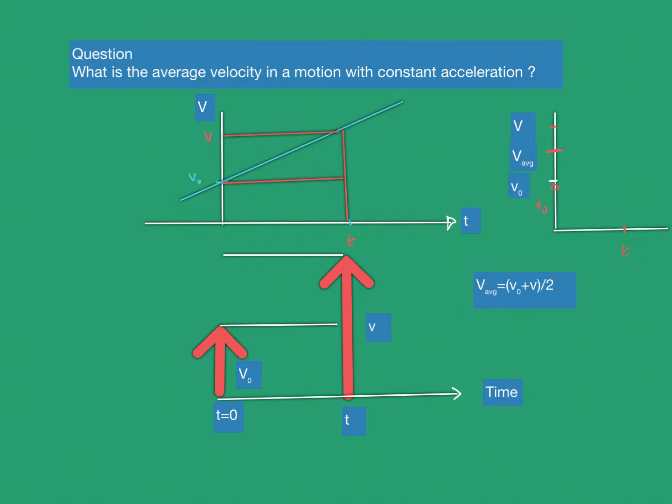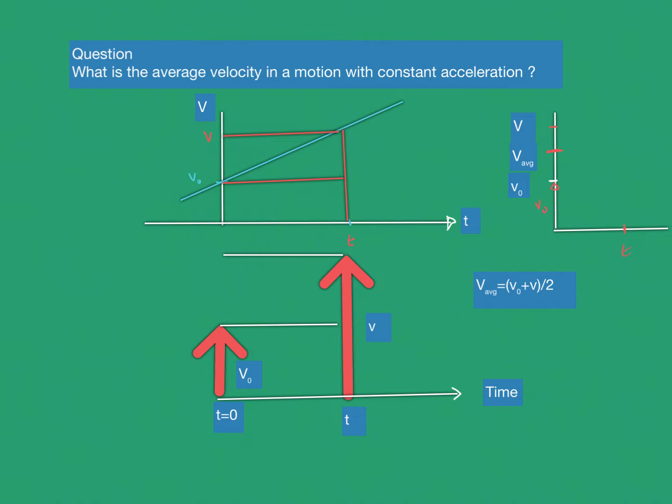Between v0 and v, your average velocity is v0 plus v divided by 2. We will see this in a different way later on. So this is v0, this is v, and the average velocity is in the middle between this height and this height, half of the way.